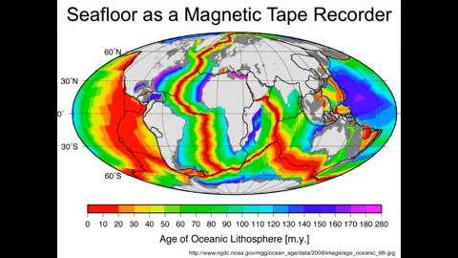We see the opening up of the North Atlantic Ocean here around 180 million years ago. We see the opening up of the South Atlantic Ocean around 100 million years ago. Here, we see the very old crust, almost 300 million years, in the Mediterranean, what's left of the Tethys Ocean.